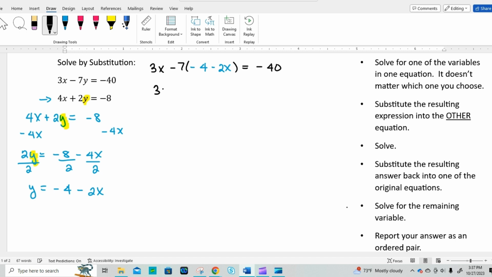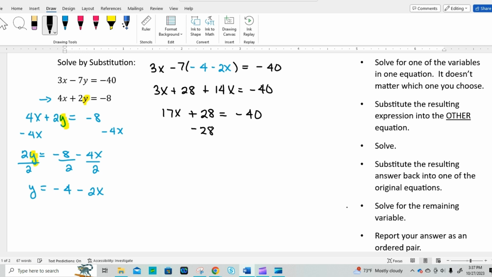So I've got 3x plus 28 plus 14x is equal to negative 40. So I've got 17x plus 28 is equal to negative 40.